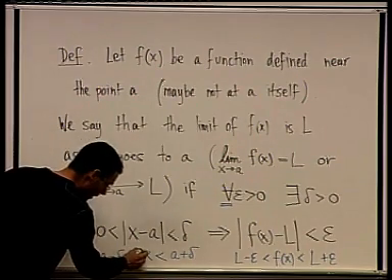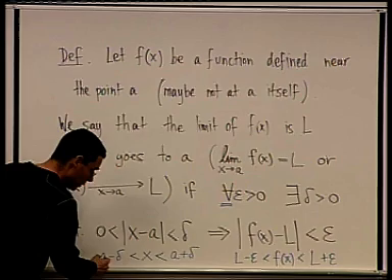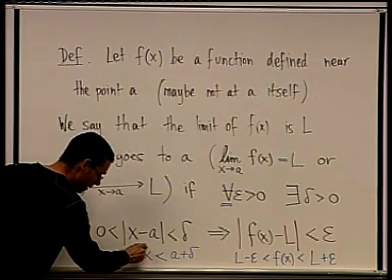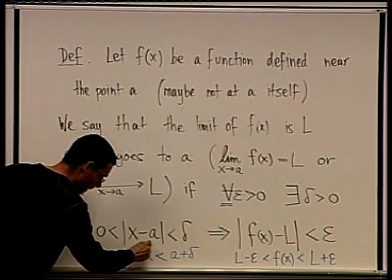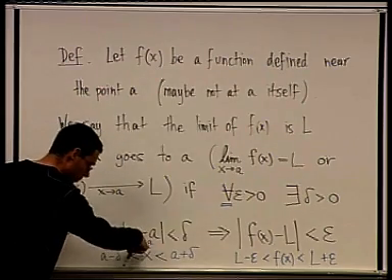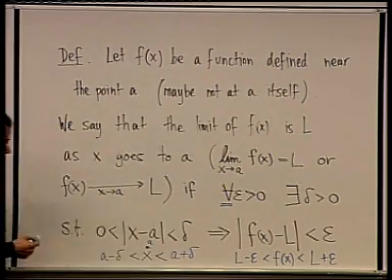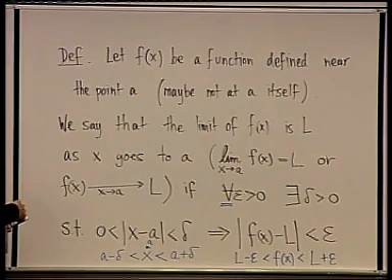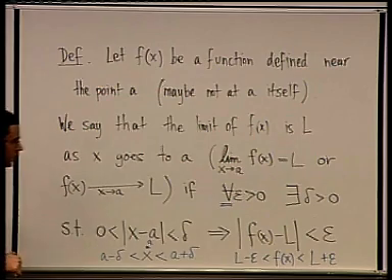And in blue here, I might add x between A minus delta and A plus delta, but not equal to A. It's very small here, but what I wrote here is not equal to A. So that's just a final touch to make this entirely accurate.